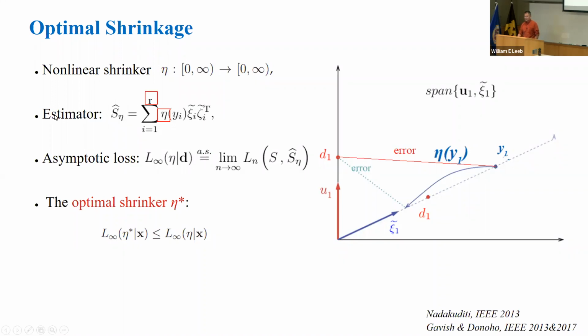But this kind of estimator needs some information: how do we know the optimal shrinker, because we don't have any information about the original rank of the matrix? So how do we estimate the rank R here?